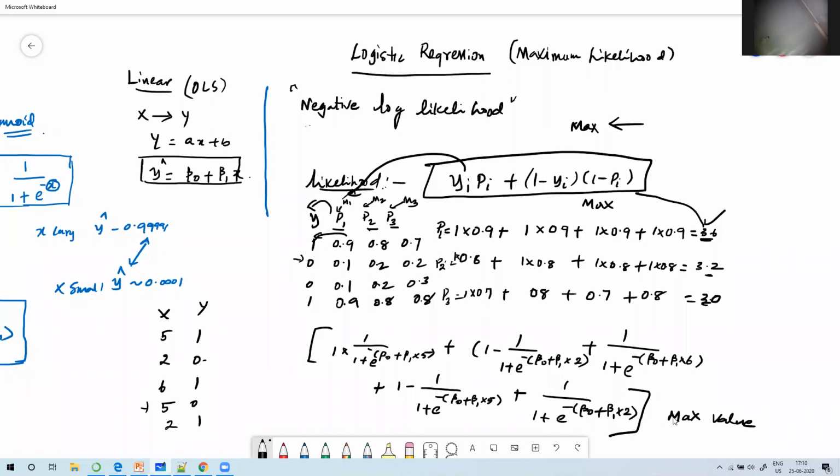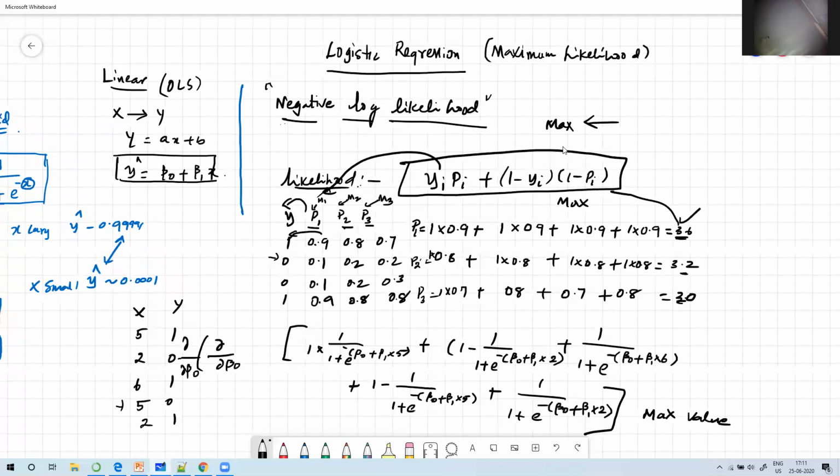For doing maximization, you need to take the partial derivatives, second order, not the first order. So we need to do dou by dou beta naught, and again dou by dou beta naught, which is going to be a little tricky. To avoid that, a modified version of it is used, which is called negative log likelihood.